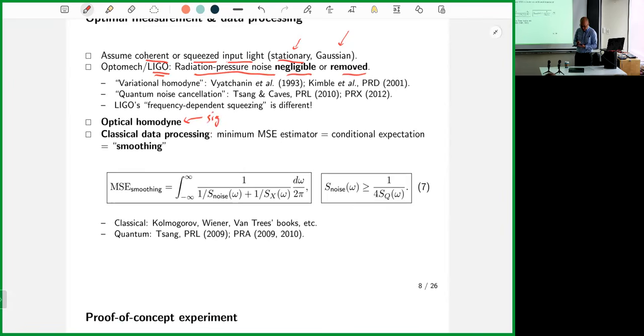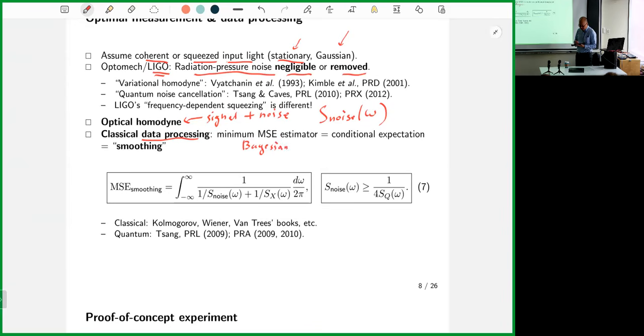When you do homodyne, at the output, roughly speaking, you will see some signal plus some noise. And then the noise would have its own power spectral density, of course. And last but not the least, you need to do classical data processing that is optimal. We are dealing with the Bayesian problem.